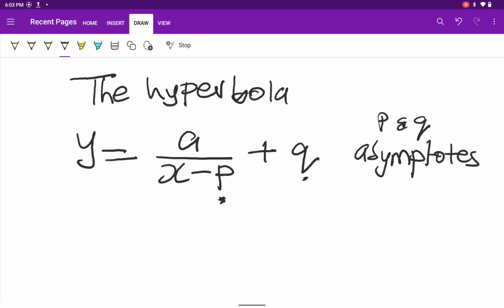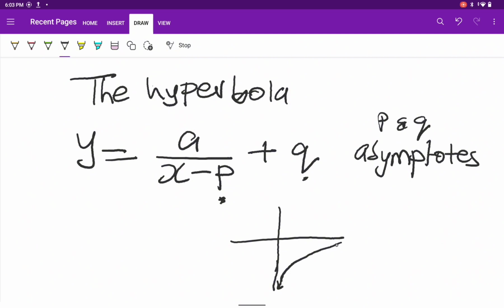An asymptote is a line which the graph goes closer and closer to, but it never touches it. So in other words, it can be either a vertical asymptote or a horizontal asymptote, right? So the graph goes closer and closer to this line, but it never touches it.